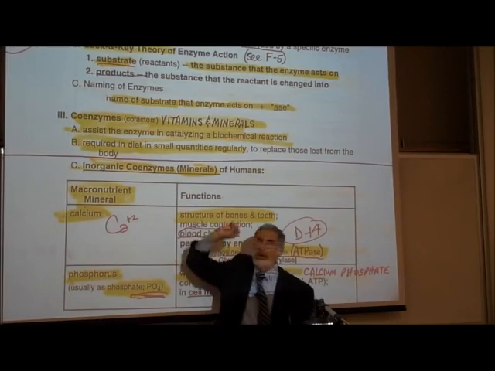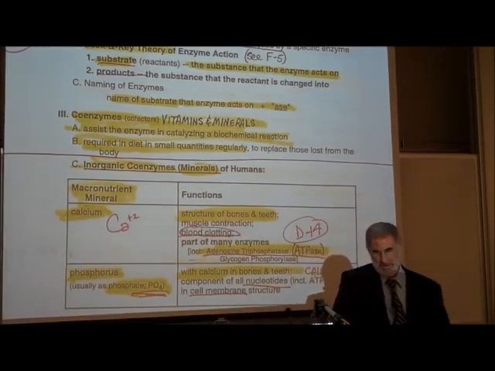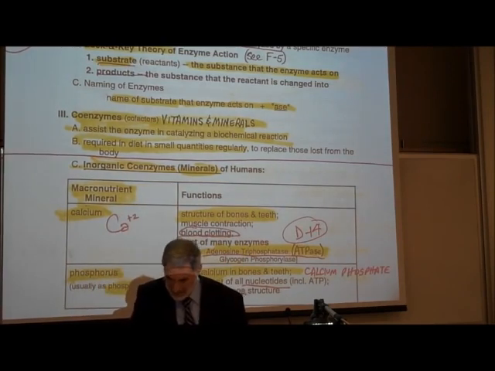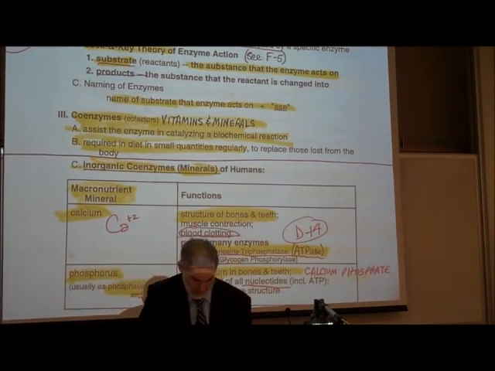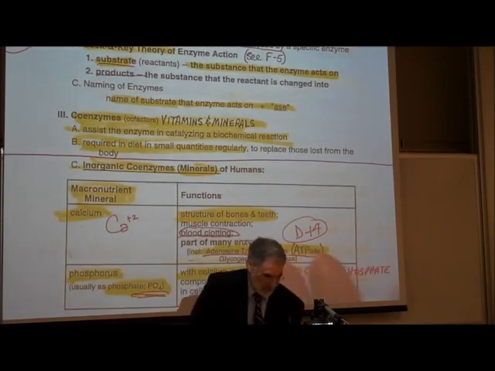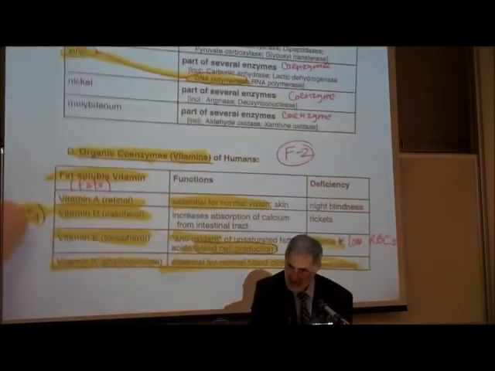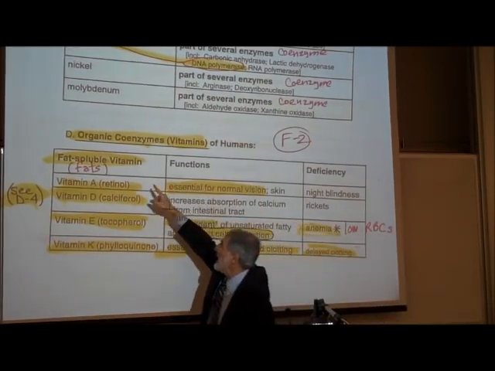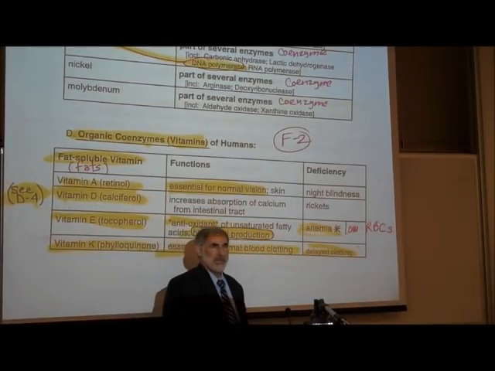Minerals are inorganic coenzymes. They are inorganic molecules, whereas if we look on F2, towards the bottom of F2, what are vitamins? Organic coenzymes.